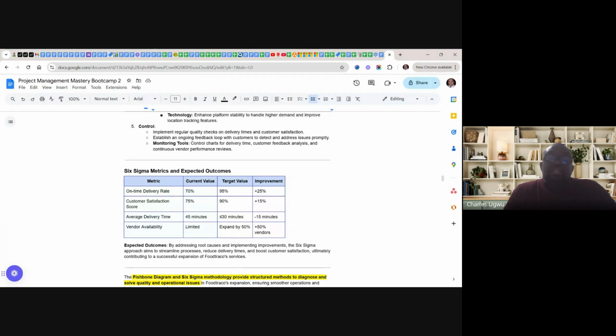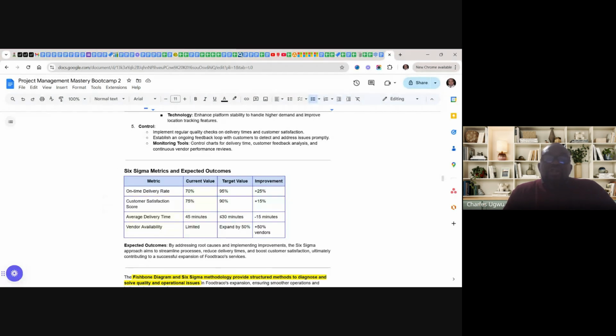That is our target. If you remember, our quality control objective is on-time delivery of 90%. But at the moment, what we are having is 70%. So the difference here is 25%. So we need an improvement of 25% to make sure that we are within these. That is what we want to achieve through Six Sigma.